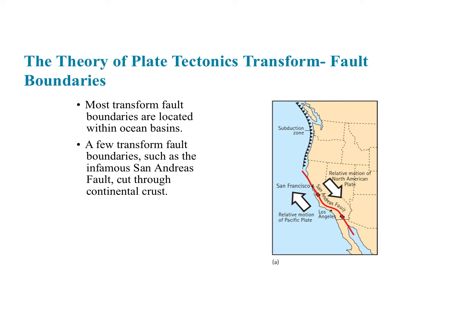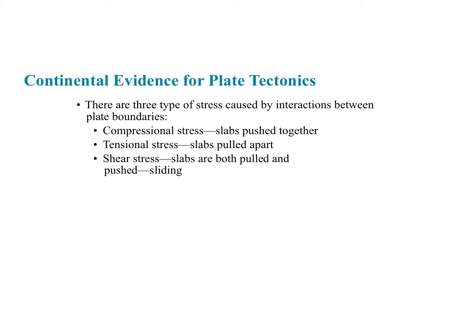Now, most of these kinds of boundaries occur within ocean basins, but a few transform fault boundaries, such as the San Andreas Fault, cut through the continental crust. So you can see this one's cutting through the continental crust here, but not all of them do that.